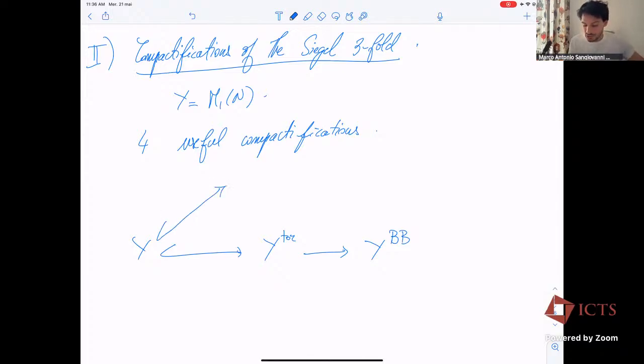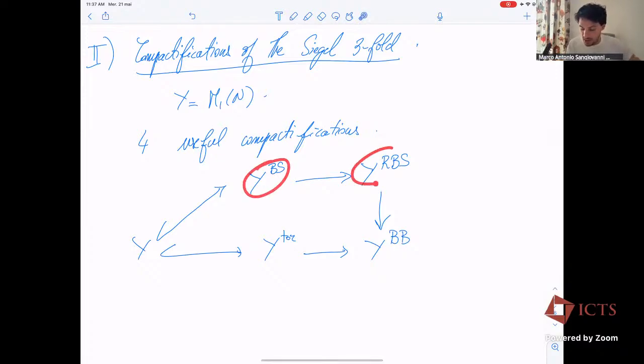But crucial in this talk will be what is called the Borel-Serre compactification, which also maps to the reductive Borel-Serre compactification, which then maps to the Baily-Borel compactification. Okay, so these are the four compactifications: Borel-Serre, reductive Borel-Serre, Baily-Borel, and toroidal compactification that we will need.